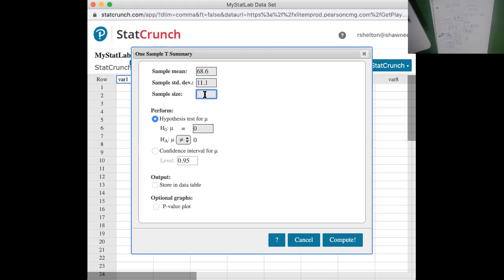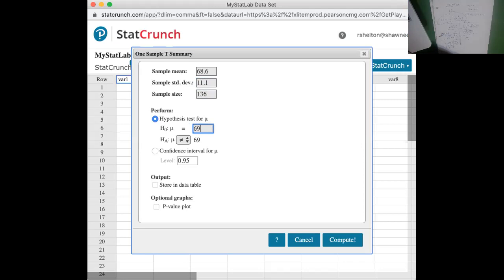Sample size, it gave to us at 136. Okay, and we're going to do a hypothesis test. Because of that, we have to tell it the null value. It was 69. And now also we have to check the alternative hypothesis.